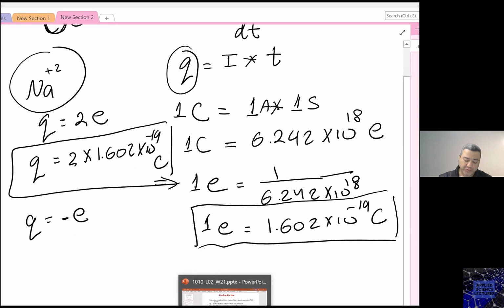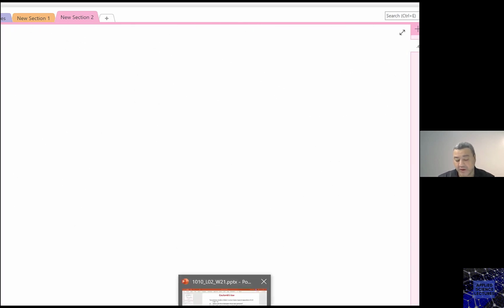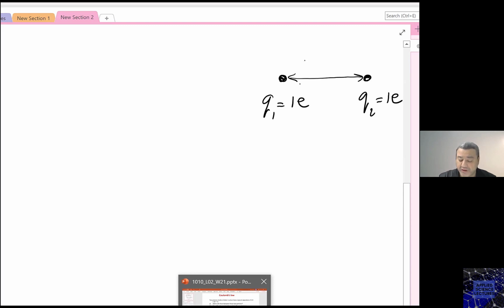Let's go back to our question. We said that we have 2 protons, which means one of them, let me call this one Q1, is 1e, and the second one, Q2, is also 1e, while the distance between them is 3 × 10^-15 meters, a femtometer.